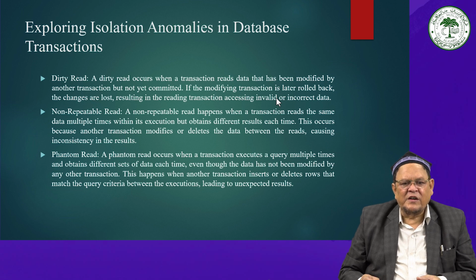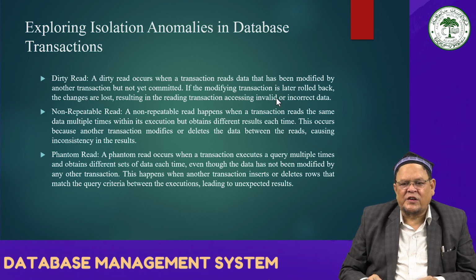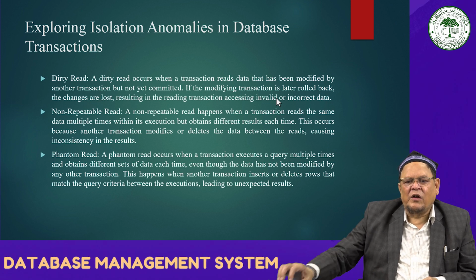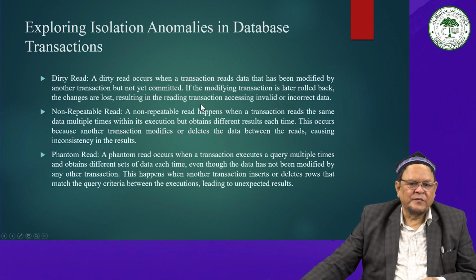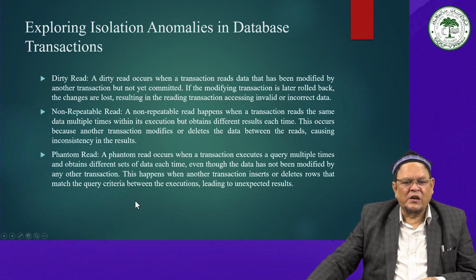Dirty read: a dirty read occurs when a transaction reads data that has been modified by another transaction but not yet committed. If the modifying transaction is later rolled back, the changes are lost, resulting in the reading transaction accessing invalid or incorrect data. Next is non-repeatable read.